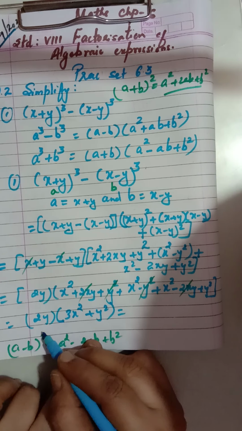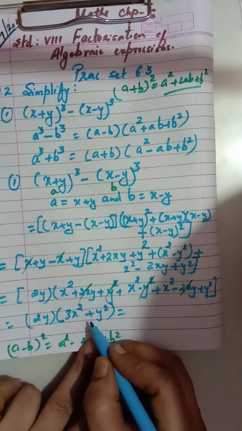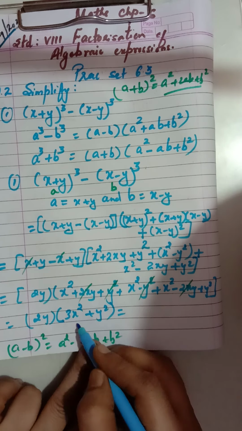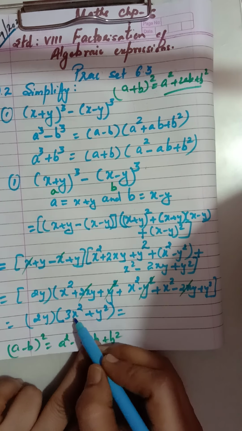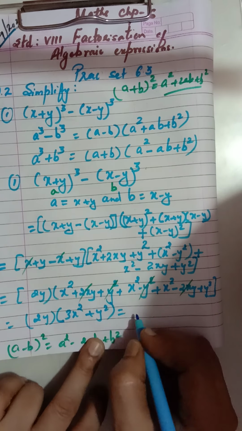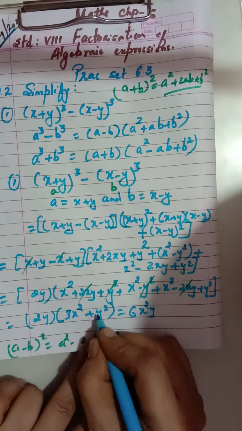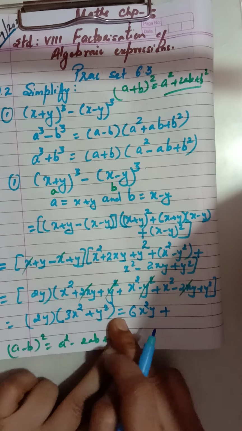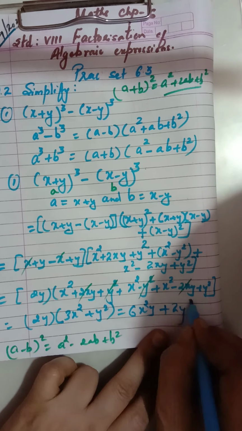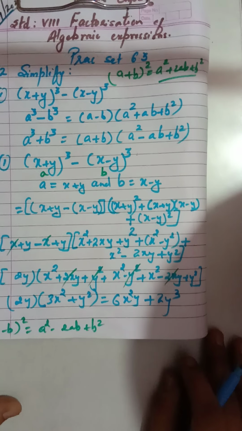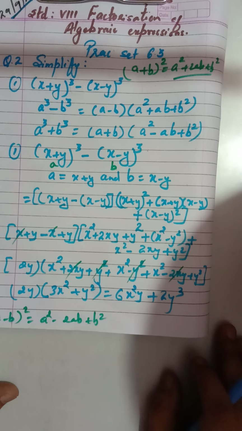This is what? Monomial multiplied by binomial. So 2y into 3x square, 2 threes are 6, 6x square y, then plus 2y into y square. So that becomes 2y whole cube. Clear?